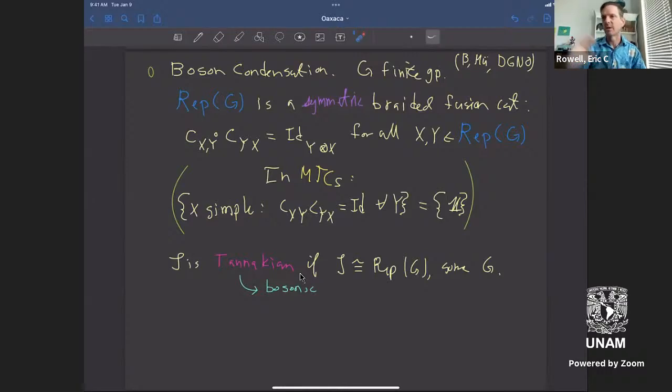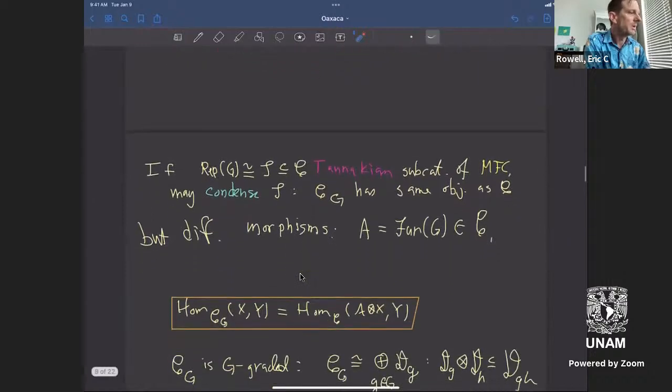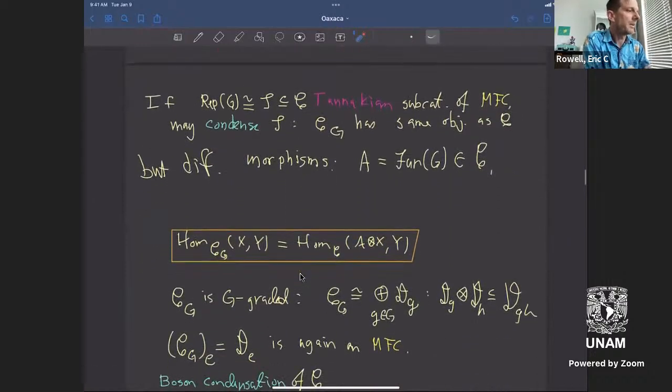There's also fermionic ones, but we won't go into those. So what can you do? Well, if you have a Tannakian subcategory of a modular fusion category, then you can do something called boson condensation, also called de-equivariantization. Maybe that's a more appropriate word for this seminar.